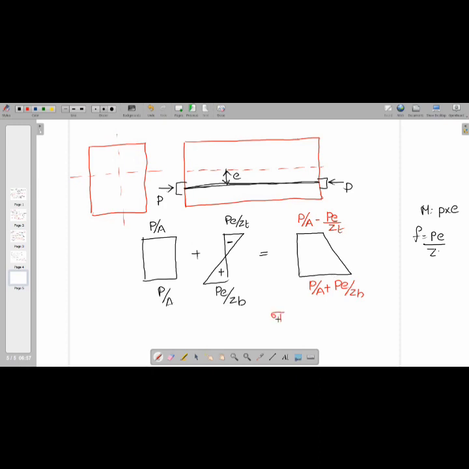Okay, so see students, what I would like to tell you here is whatever the stress at top is equal to P by A minus PE upon ZT, and whatever the stress at bottom is, P by A plus PE upon ZB.